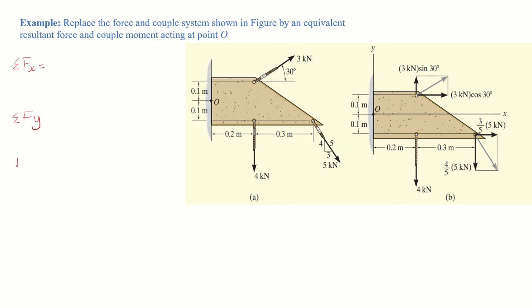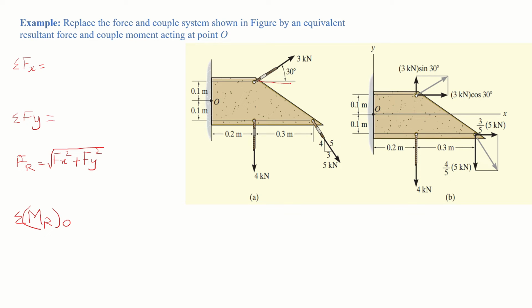Then we will find the resultant force, which is equal to the square root of Fx squared plus Fy squared, and then we will find the resultant moment about point O.